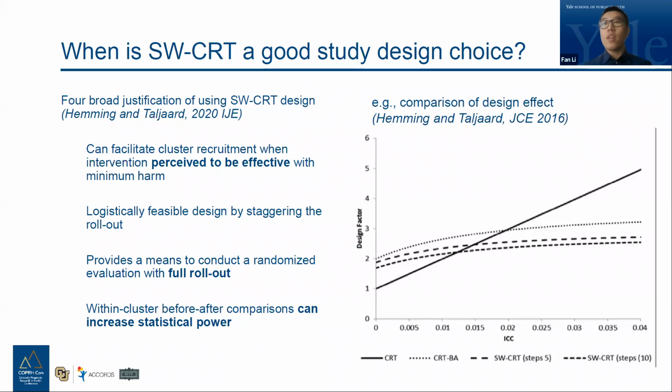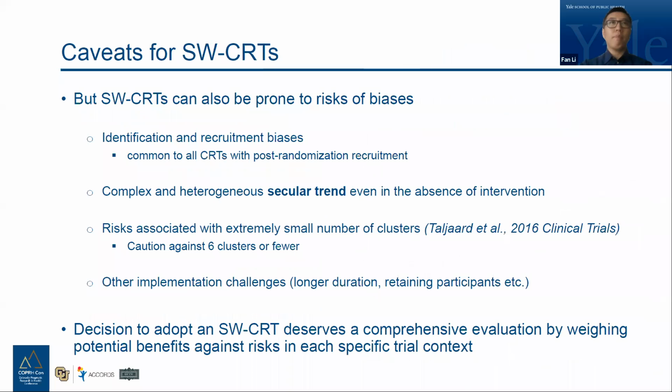We can see that when the intra-class correlation coefficient, that's the axis, is not really too small, there may be a power advantage of the SW-CRT over the parallel CRT, and that's justifying the choice of the SW-CRT.